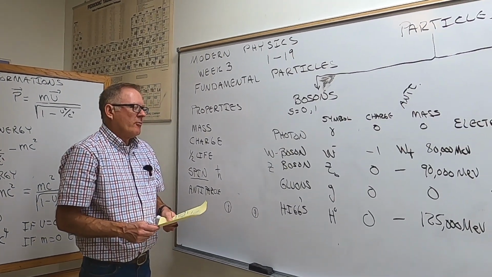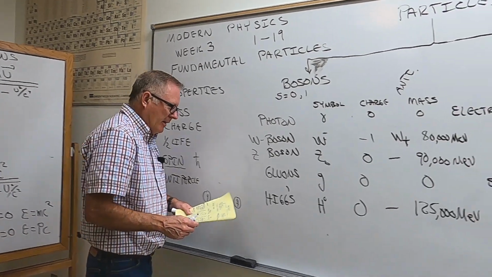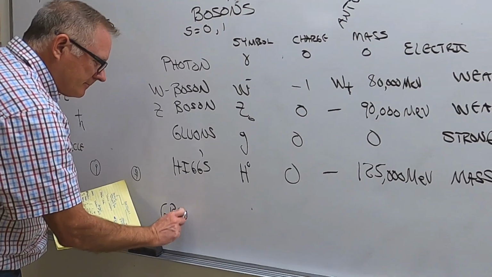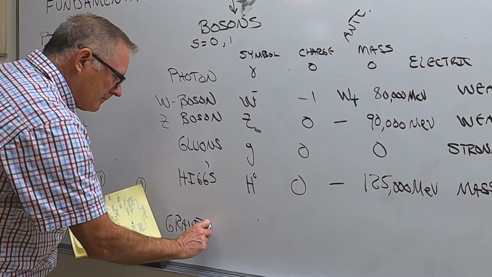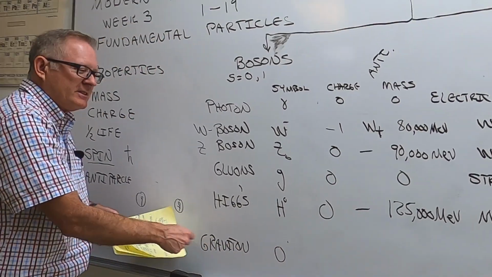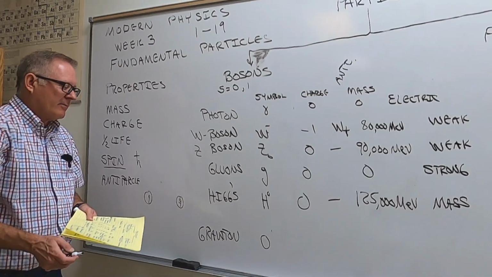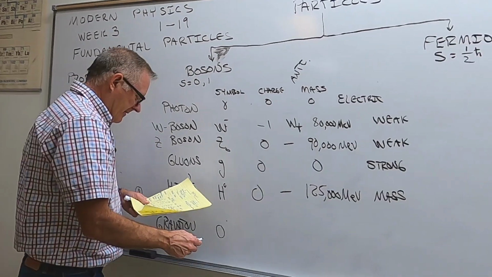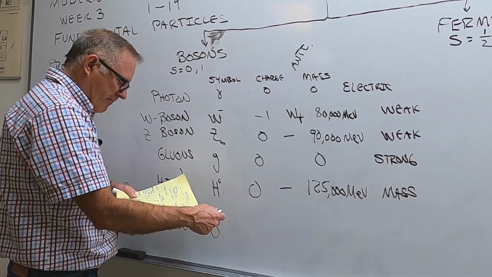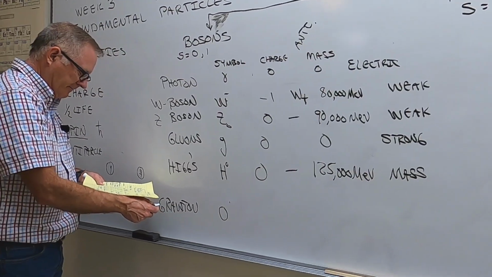Now, there is one force I haven't brought up, and that is gravity. So we could say graviton, it has a charge of 0. I should say we've never seen the graviton, and it's not part of the standard model. It has no antiparticle, and it has no mass, and the spin is actually 2 on this one.